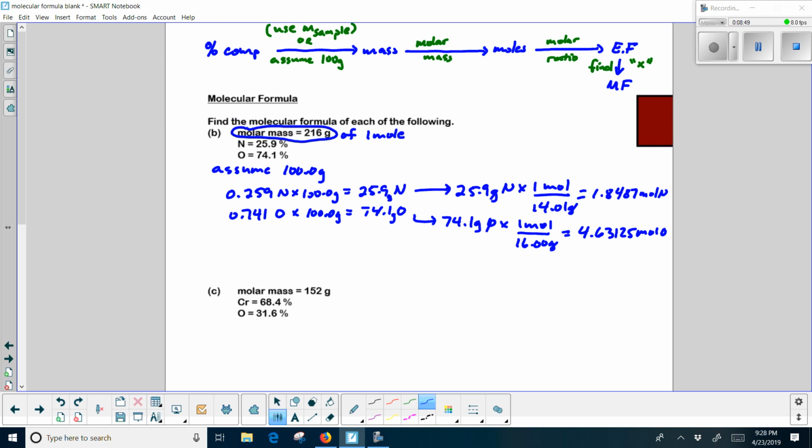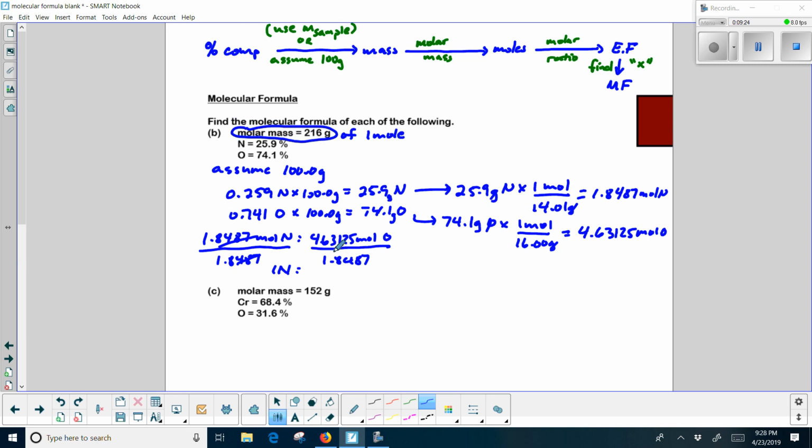So what I know is this. I've got 1.8487 moles of nitrogen to 4.63125 moles of oxygen. So I need a simpler ratio, so divide both sides by 1.8487. And when we do this, this side becomes 1, so we have 1 nitrogen.